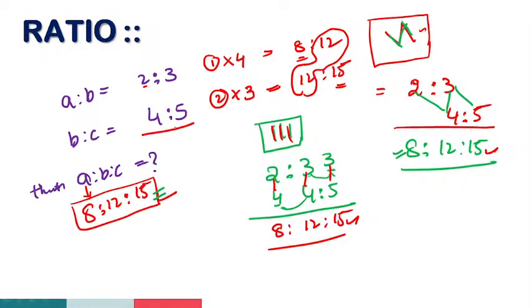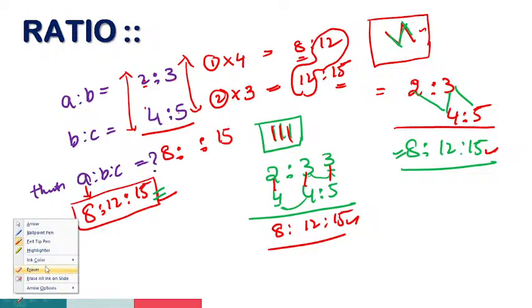If you want to find the A value, multiply the left hand side numbers: 2 4s are 8. If you want to find the C value, multiply the right hand side numbers: 3 5s are 15.